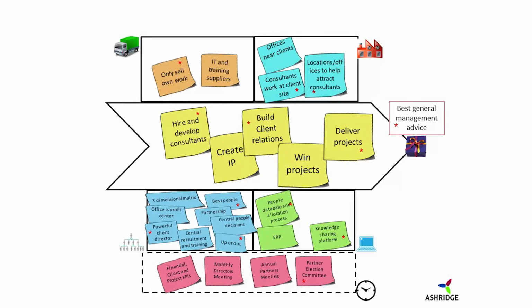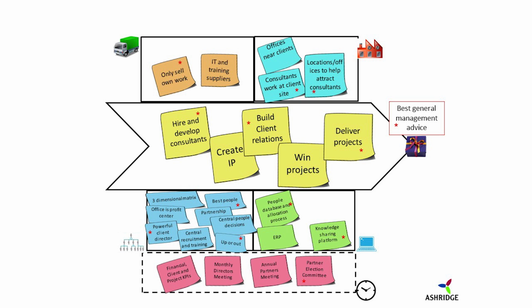Supporting that value chain of the consulting work are boxes for suppliers, locations, organization, and information, and also at the bottom space for the management system. One of the things that happens in this consulting company in the organization box is they have an up or out policy. All consultants either get promoted or they get asked to leave the organization.